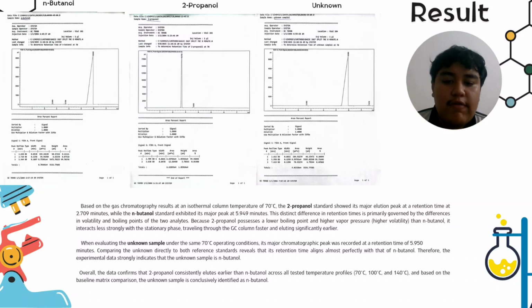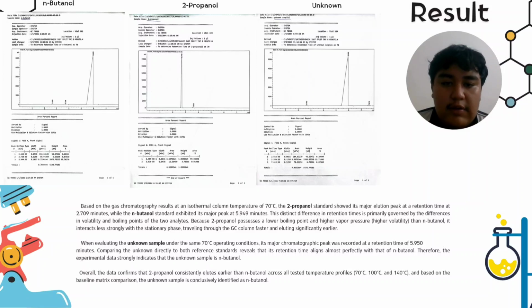Based on the graph, we see the 2-propanol standard shows its retention time at 2.709 minutes, while N-butanol shows its major peak at 5.949 minutes. Why is there a difference in retention time for both samples? This is because 2-propanol possesses a lower boiling point and higher vapor pressure, or what we call higher volatility, than N-butanol.